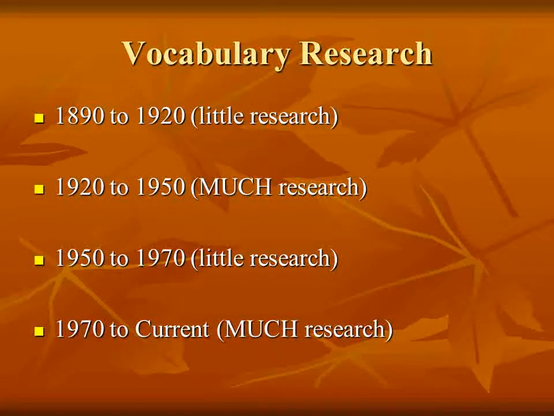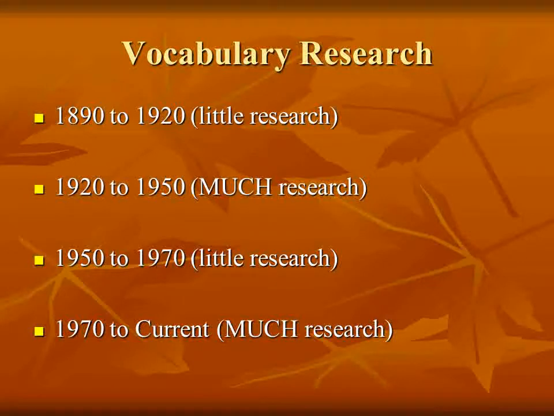We actually know a great deal about vocabulary development, and research has been conducted in vocabulary since 1891, when the first estimate of vocabulary size was published. From 1890 to 1920, just a little bit of work was done in the field. It was in 1921 that vocabulary research once again hit prominence with the publishing of the Teacher's Word Book.